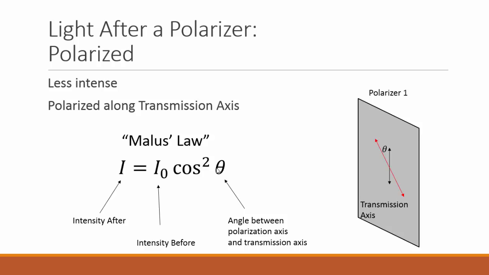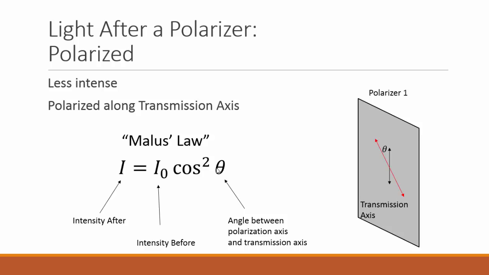The dimness goes down by a formula that's called Malus's law. And that says that the intensity after it's gone through the polarizer is equal to the intensity before times a factor, and that factor is cosine squared of the angle between the transmission axis and the polarization axis, so the polarization of the incoming light.